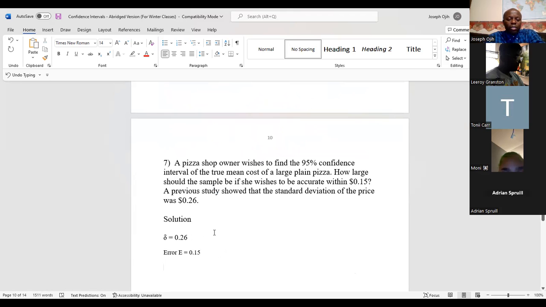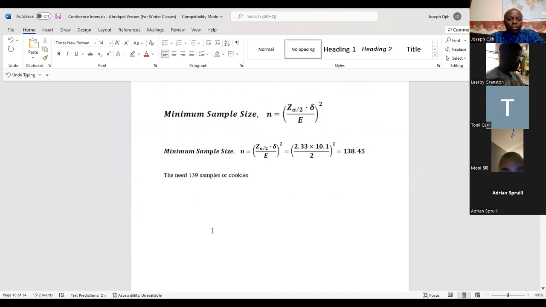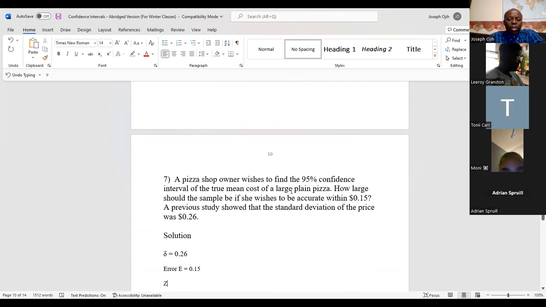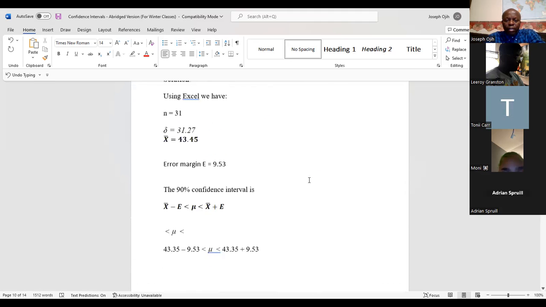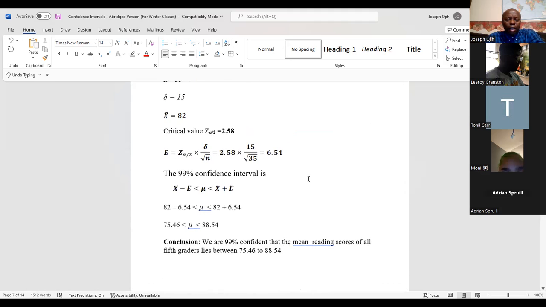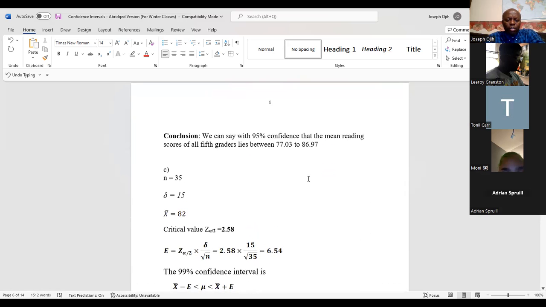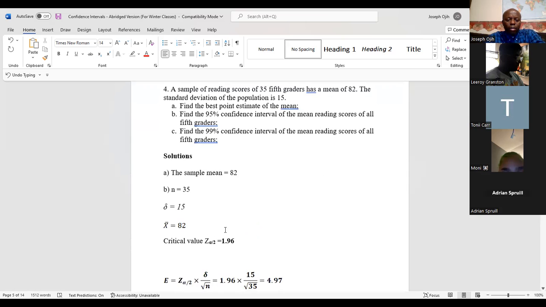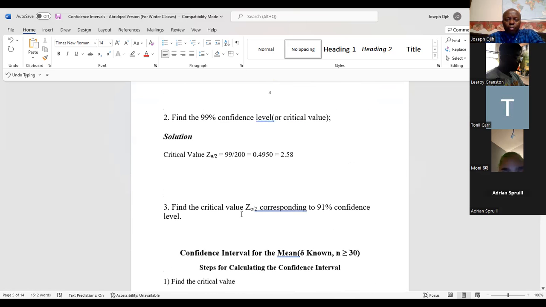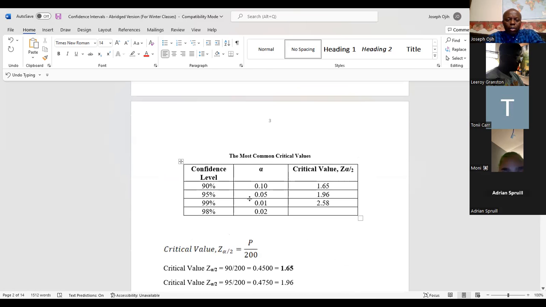Now, critical value Z alpha over 2 for 95%. We have it on the table, already calculated. Z alpha over 2 for 95% is 1.96.